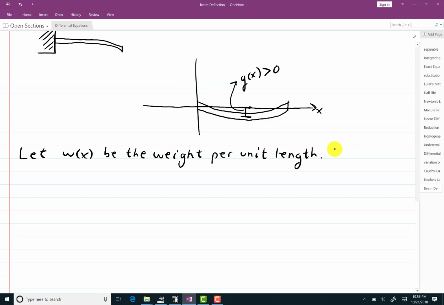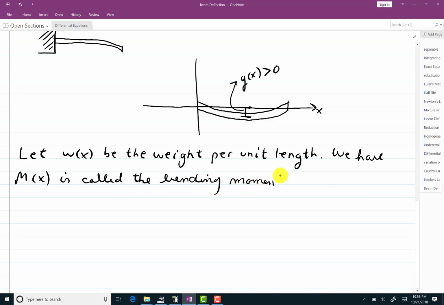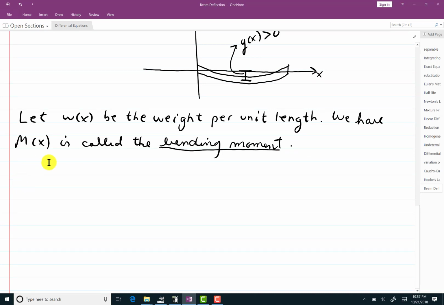We have m of x, called the bending moment, and it has two equations that govern it.